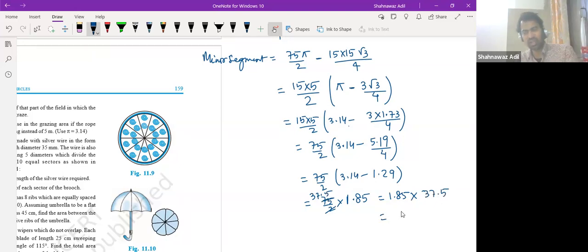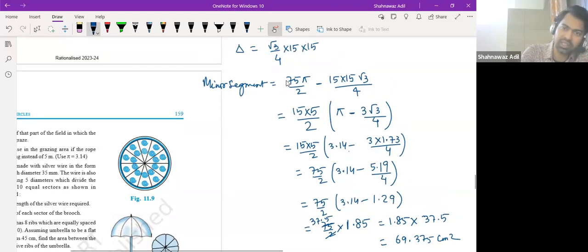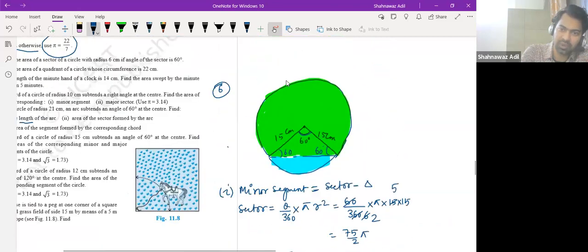So how much is that? You guys will need much practice in this chapter, because we have so many decimal calculations. So 69.375 centimeters square. So this is the area of the minor segment. Okay.